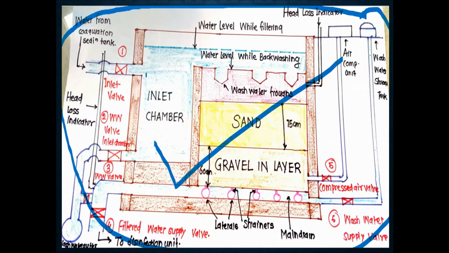Particularly talking about the detailed design of the rapid sand filter, we are going to see in detail which things we have to design: the rapid sand filter unit, the filter media, the under drainage system, all the things we have to design.